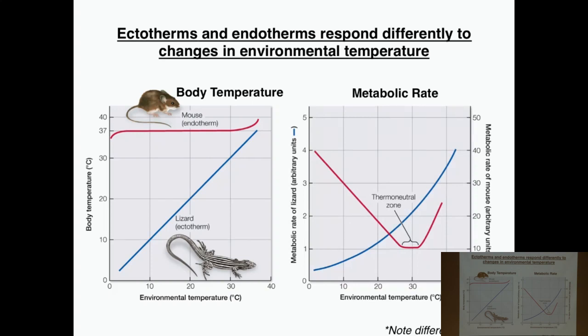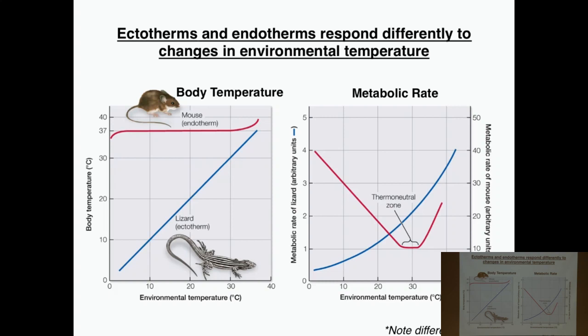And then we can look at the effect that temperature changes have on an individual's metabolic rate. And so this comes back to what we talked about when we looked at Q10. So Q10 is the temperature responsiveness of biological processes to changes in body temperature. So the lizard, its body temperature rises as the environmental temperature changes.